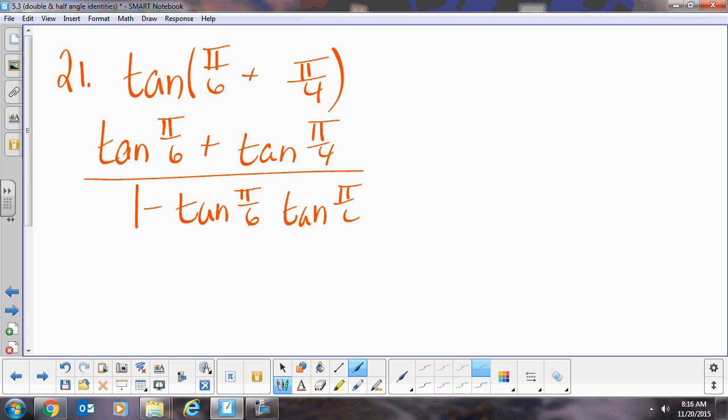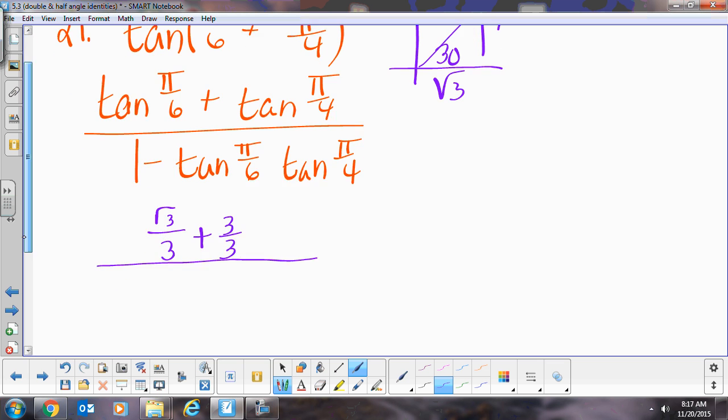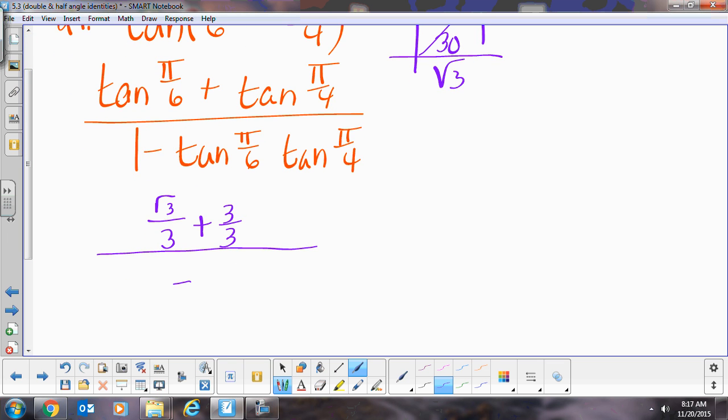Anybody know what tan pi over 4 is off the top of their heads? Yeah. Okay, so this is 30, so this is 1, square root of 3, 2. So do you agree it's going to be square root of 3 over 3 plus 1? Now what did I just do? Okay, so tan pi over 6 is square root of 3 over 3 times 1. And what did I do there?